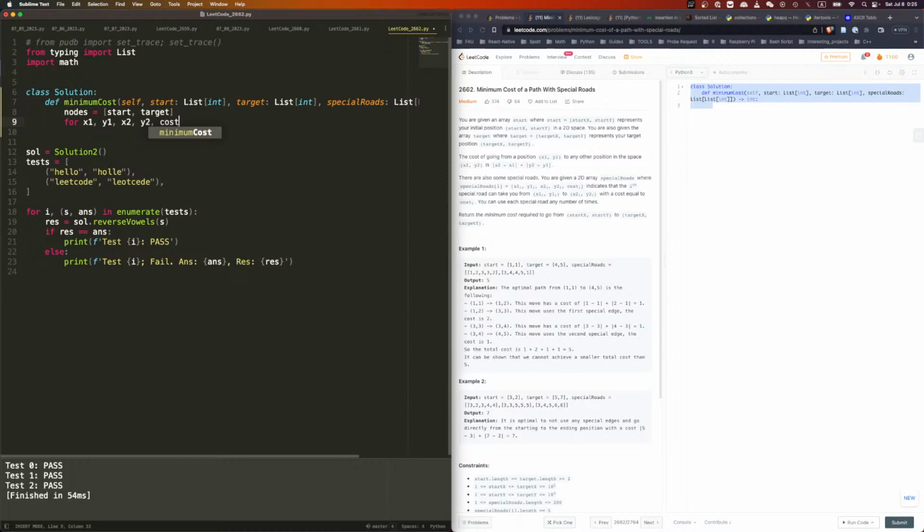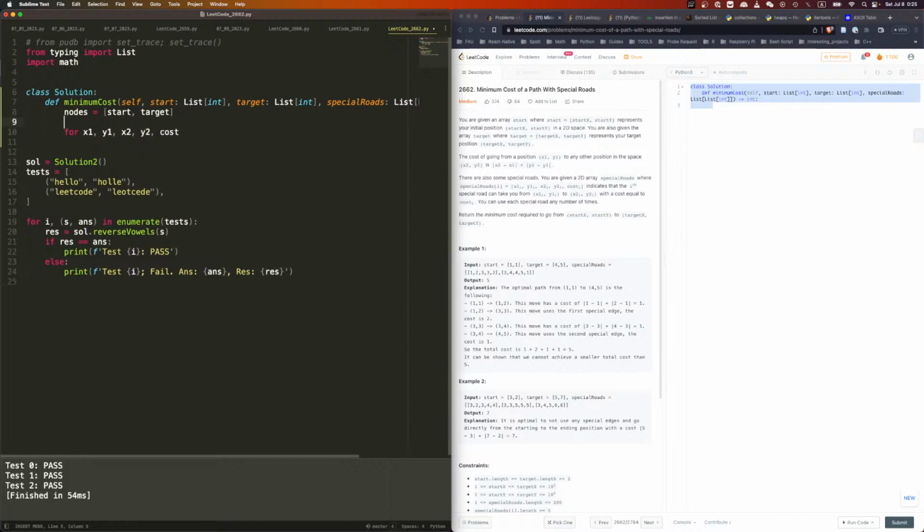All right, so we have the nodes, and then we also need to know the special cost.